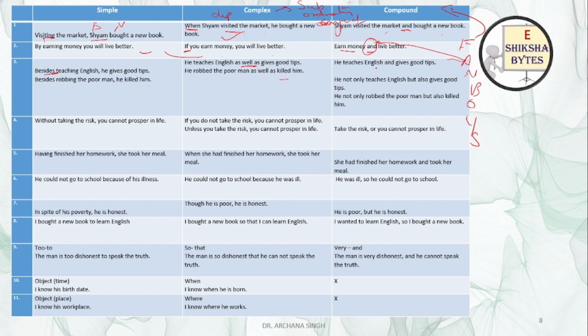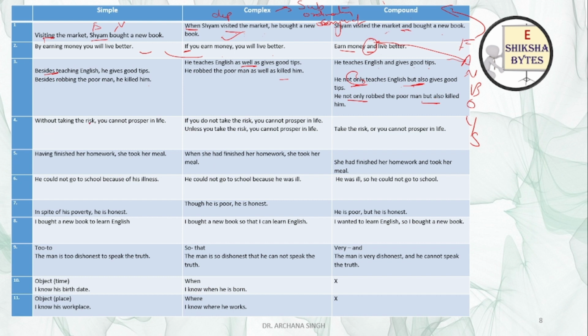You can say he teaches English and gives good tips. He not only teaches English but also gives good tips. These are your correlative conjunctions, not only and but also. You can use correlative conjunctions also to make your compound sentences. So he not only robbed the poor but also killed him. So you can join two sentences with the help of correlative conjunctions to make a compound sentence.